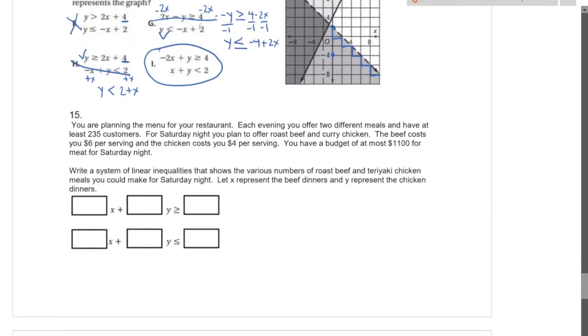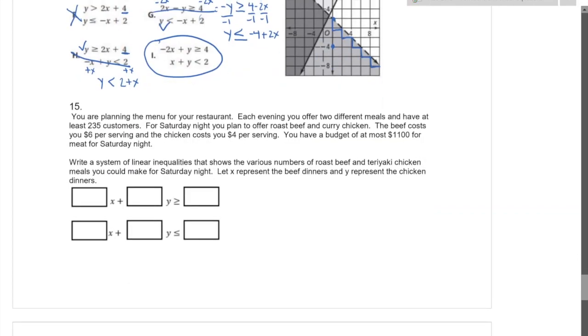Okay, 15. You are planning the menu for your restaurant. Each evening, you offer 2 different meals and have at least 235 customers. For Saturday night, you plan to offer roast beef and curry chicken. The beef costs you $6 per serving, and the chicken costs you $4 per serving.